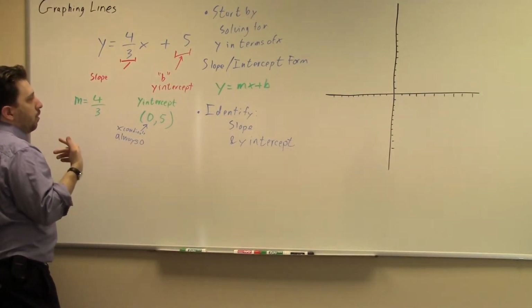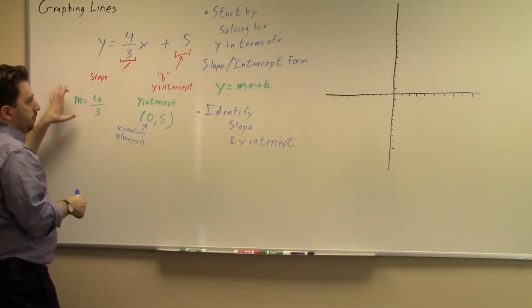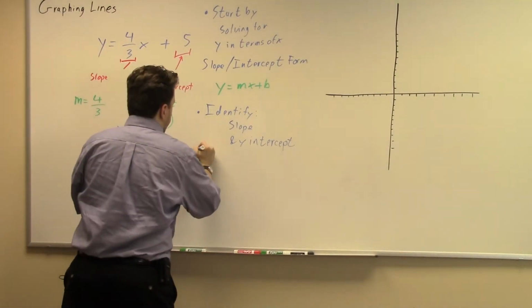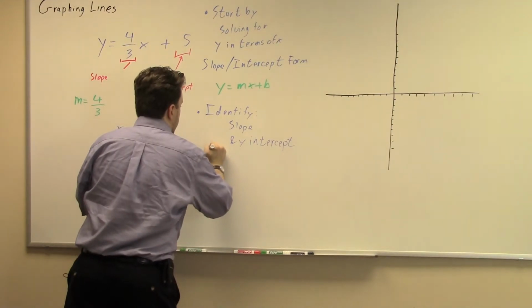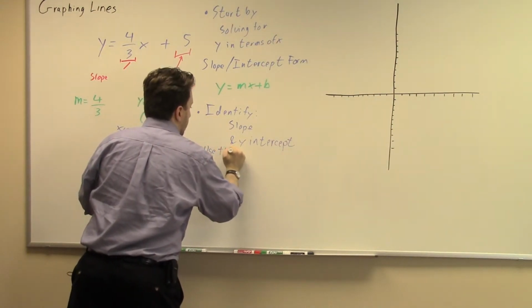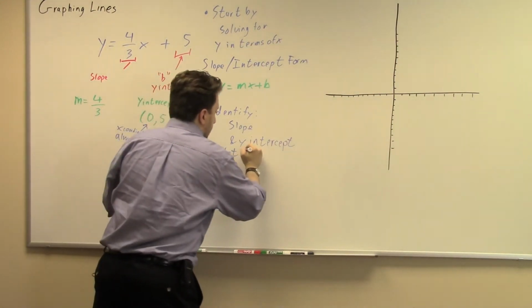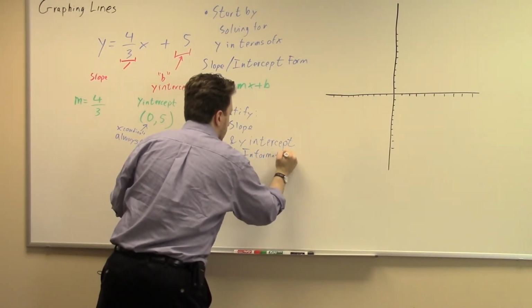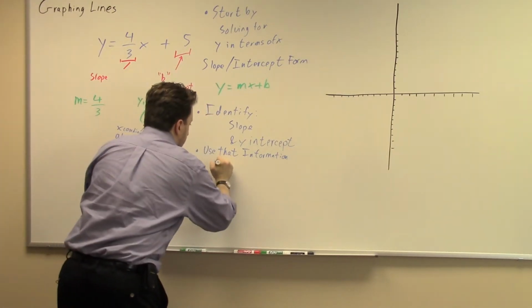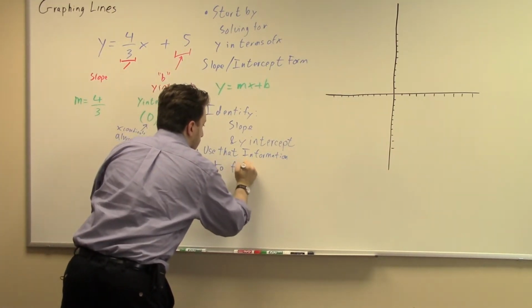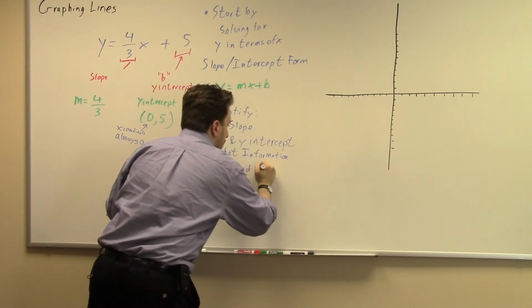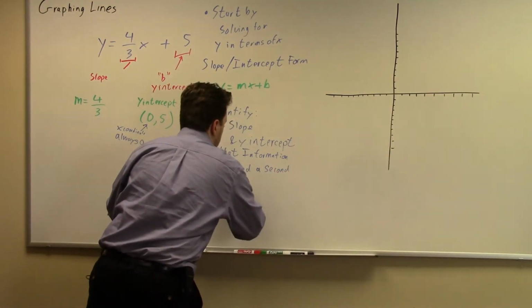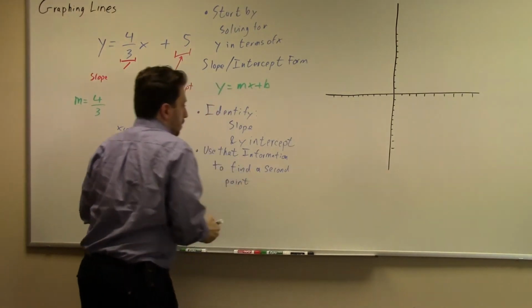All right. Once you have your slope and your y-intercept identified, our third step is to use that information to find the second point. Okay.